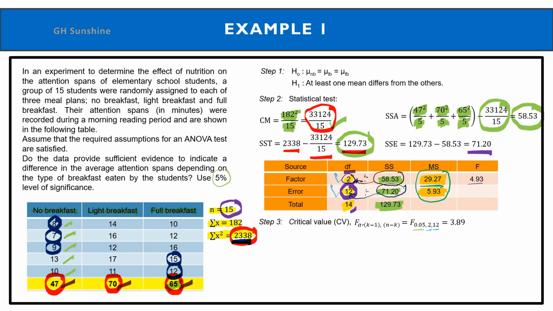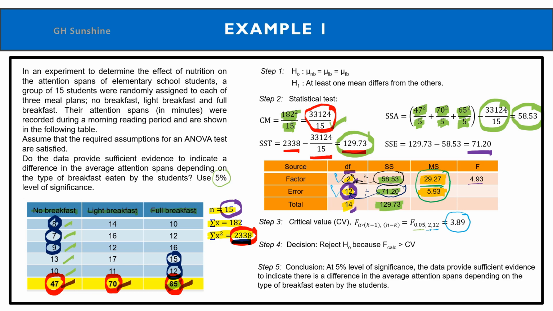So from the table, 3.89. The decision here is reject H0. Therefore, at 5% level of significance, the data provides sufficient evidence to indicate there is a difference in the average attention spans depending on the type of breakfast eaten by the students.